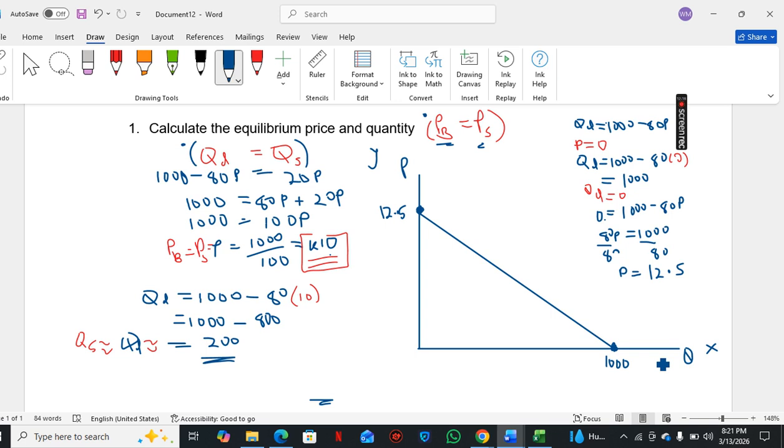Okay. Then you go to the supply function. Now the supply function is not going to cut the x-axis. It usually just starts from the top. Okay, so come to the supply function and make space here. Let's see where I can put it.